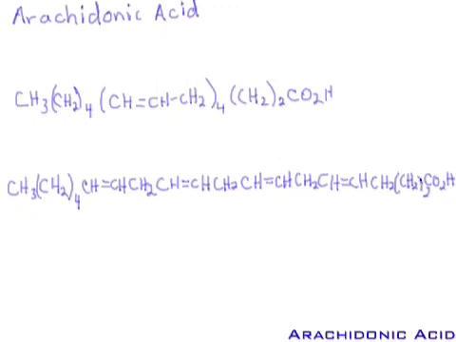How many atoms do we have in this? 1 plus 2 for the CH2s. That's 3, 4, 5, 6, 7, 8, 9, 10, 11, 12, 13, 14, 15, plus 4 is 19, 20. So you see arachidonic is based on arachidic acid. Next to note is where the double bonds are. 1, 2, 3, 4, 5, 6, 7, 8, 9, 10, 11, 12, 13, 14.